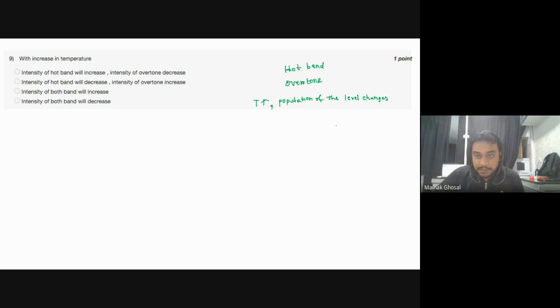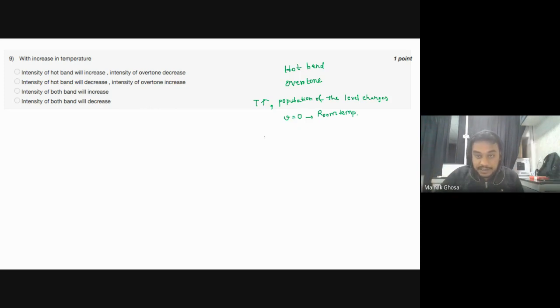Suppose at room temperature, most of the population will be in the V equals 0 state, right? Most of my molecules will be in the ground state at room temperature when there is no heat.